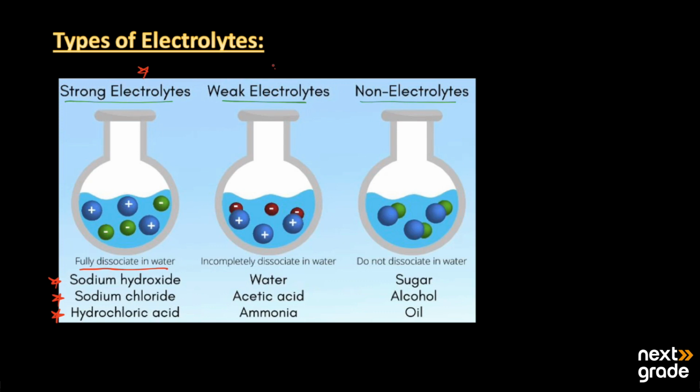On the other hand, weak electrolytes incompletely dissociate in water. Examples are water, acetic acid, and ammonia. The third one, the non-electrolytes, do not dissociate when they get dissolved in water. The first example is sugar, the second is alcohols, and the third is oil. Oil does not dissolve in water, so how can it conduct electricity? It is insoluble in water as a non-polar substance.